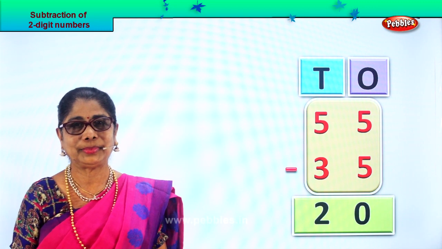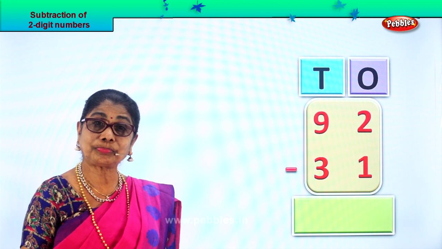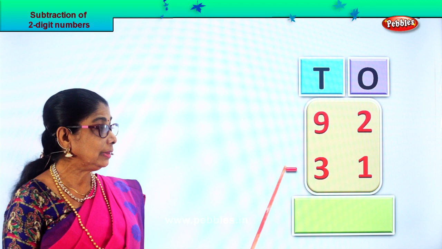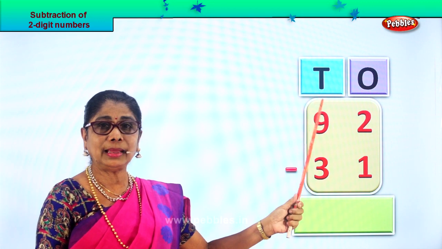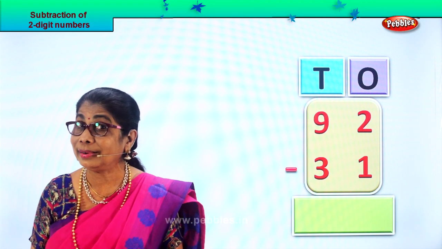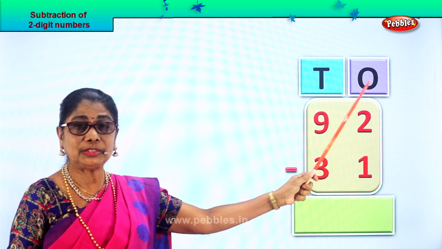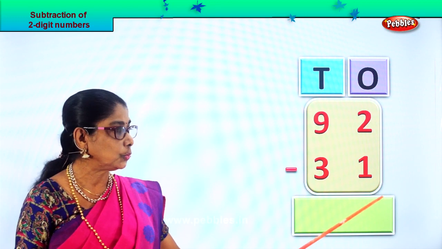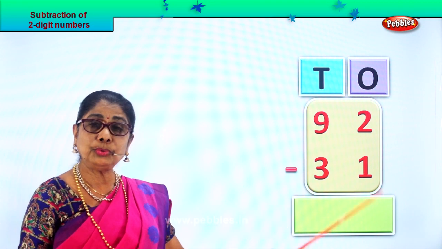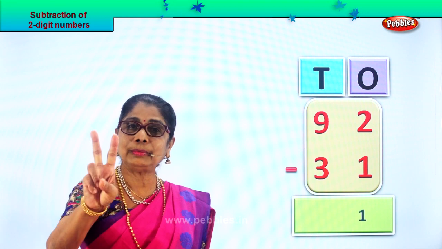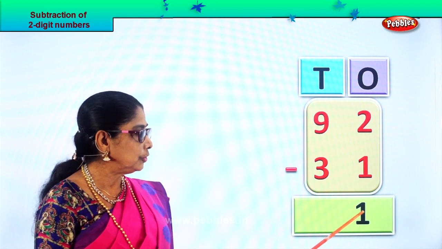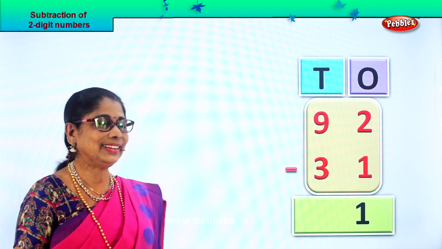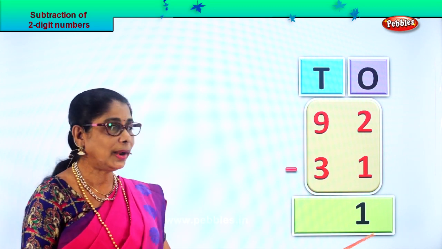Good. Let's go to a new sum. 92 take away 31. 92 minus 31. In the ones place you have 2 and 1. From 2 take away 1 gives you 1. 1 plus 1 is 2. Good.